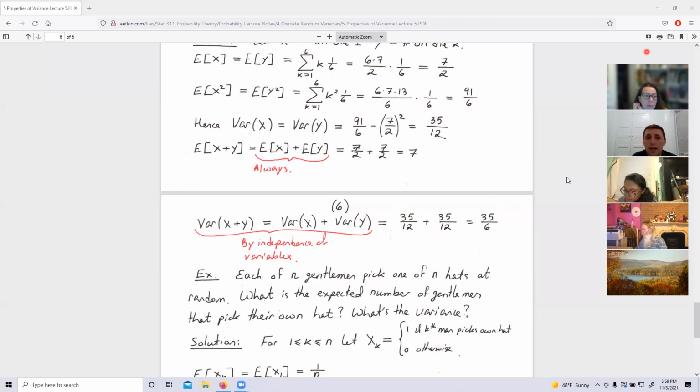In other words, if x is the number of gentlemen that pick their own hats, what's the expected value? We calculated it to be always 1. Remember that, right? And now we want to understand what the variance is. Can you calculate it? I'll give you 6 minutes, and then we'll do it together.